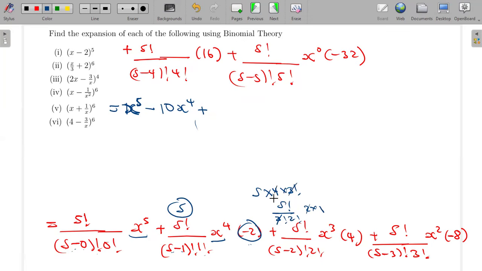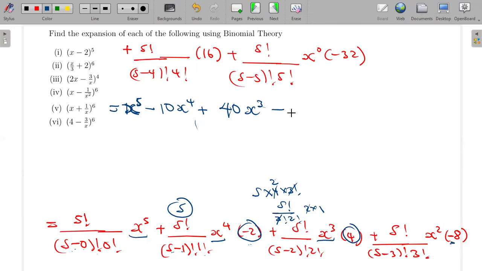So 2 can divide into the 4 2 times. And you have 2 multiplied by 5 there, so 2 multiplied by 5 is going to give you 10. 10 multiplied by that 4 there will give you 40. So you get 40, and then you have x cubed.